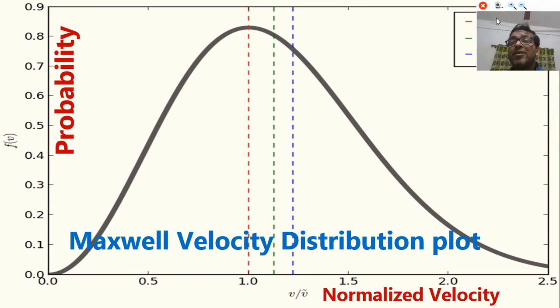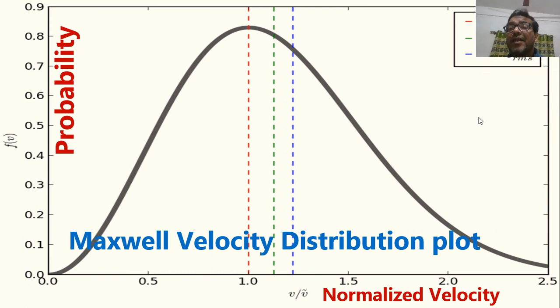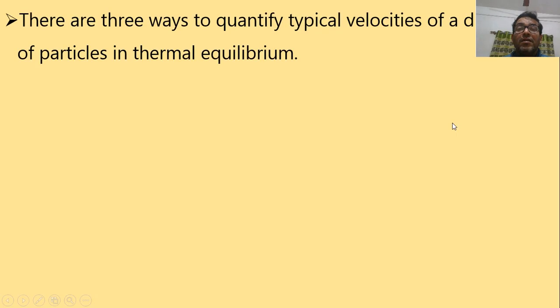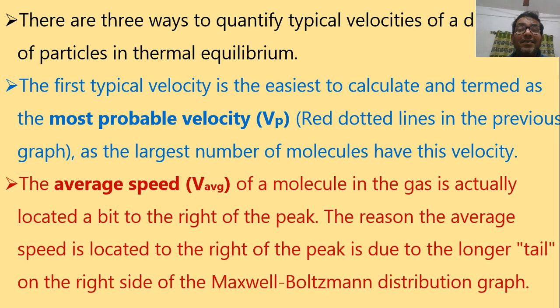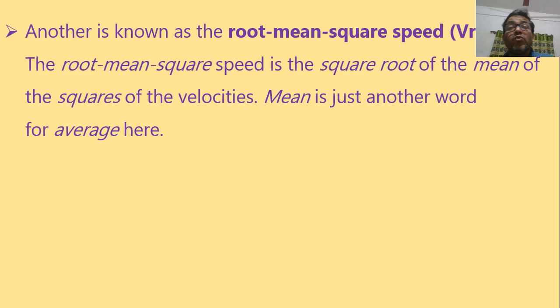The most probable velocity is the red dotted line, and the average speed is a bit to the right of the peak that I already showed you. The reason the average speed is located to the right of the peak is the longer tail on the right side of the Maxwell-Boltzmann distribution graph. So that's why we are seeing the average speed.